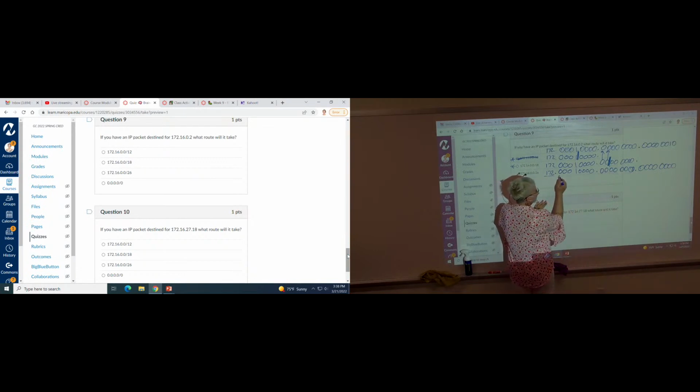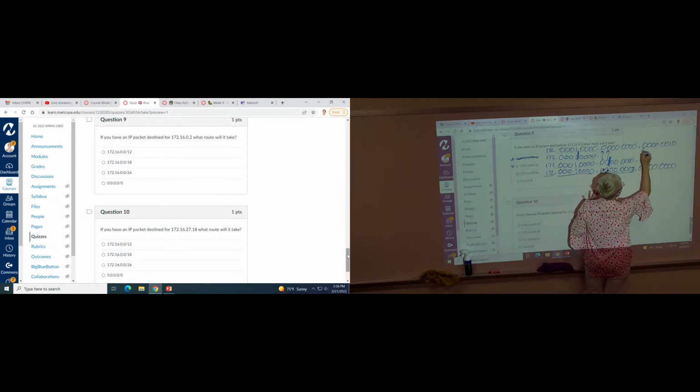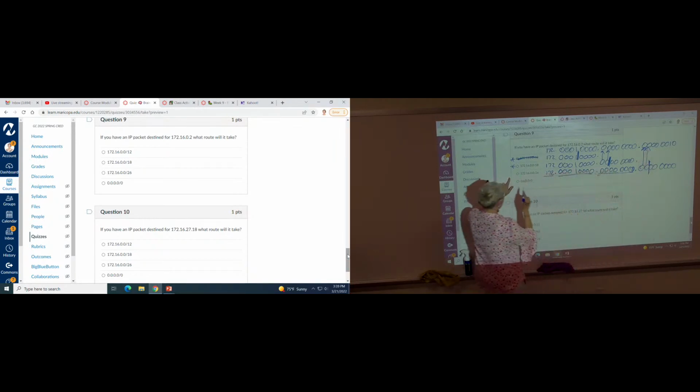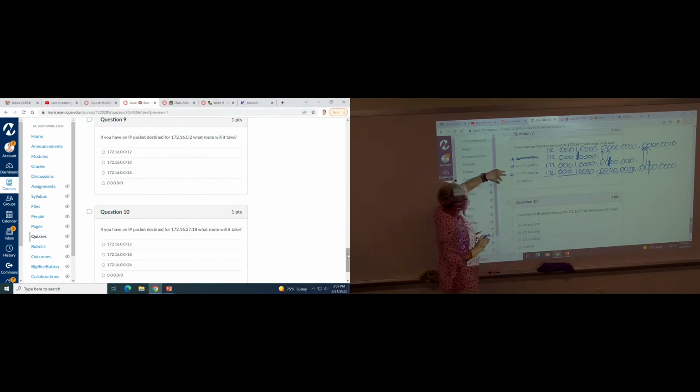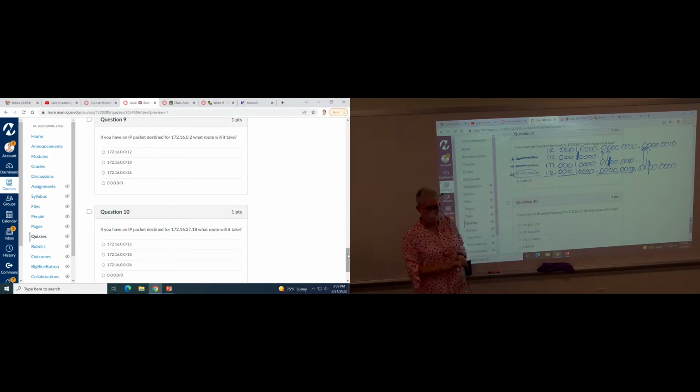So the second octet matches. What about the third octet? Does it match 24 bits? Okay. 25, 26. I got to stop right here. So now I look, does this match? Does this match? Yeah. So now I know this one would work too. So I compare 26 to 18. Which one's longer? 26. So that's the answer.